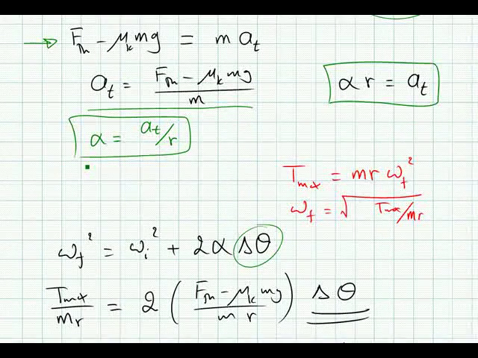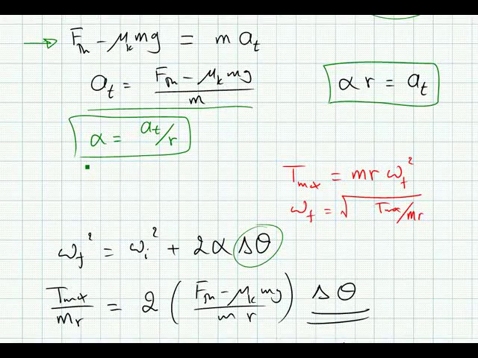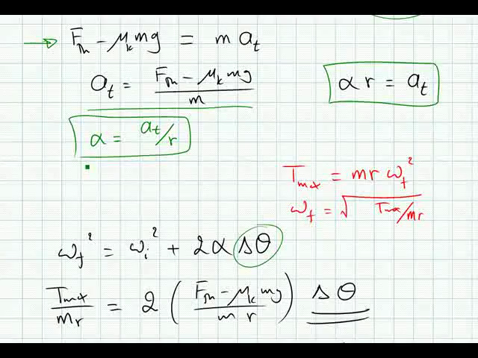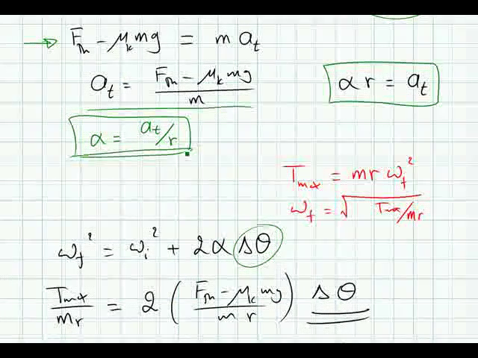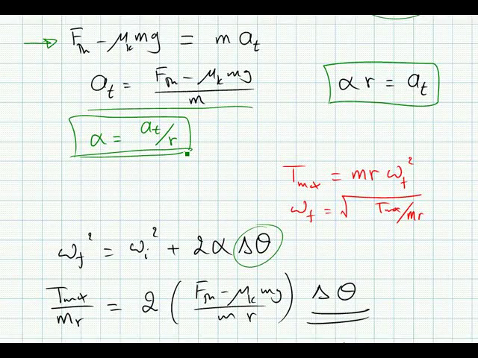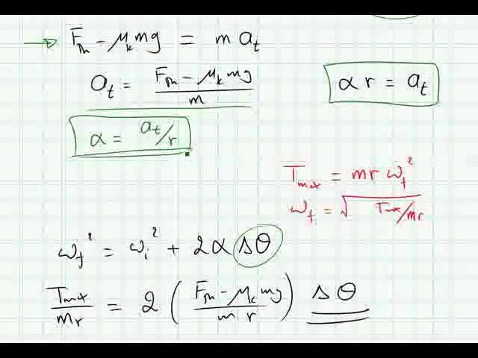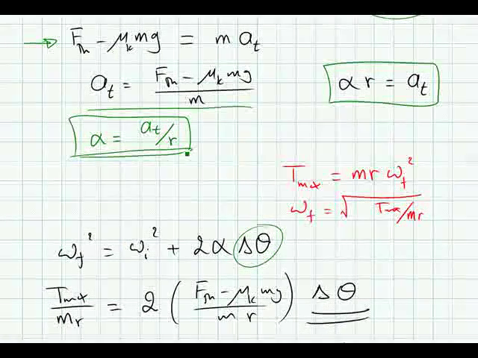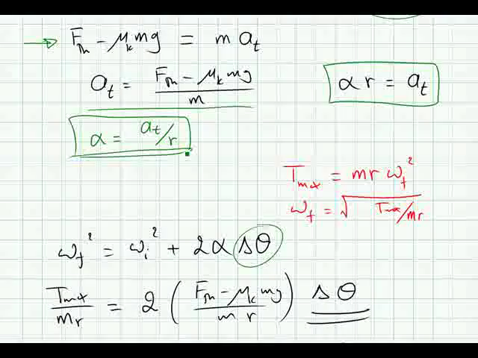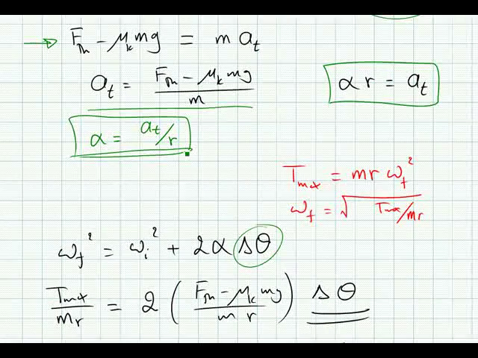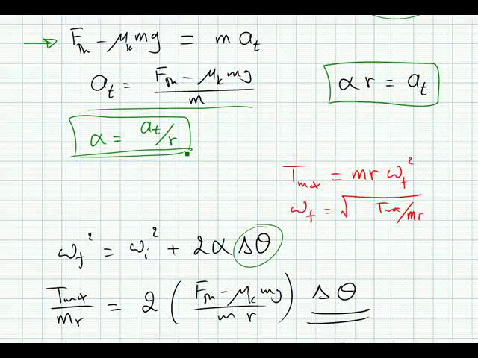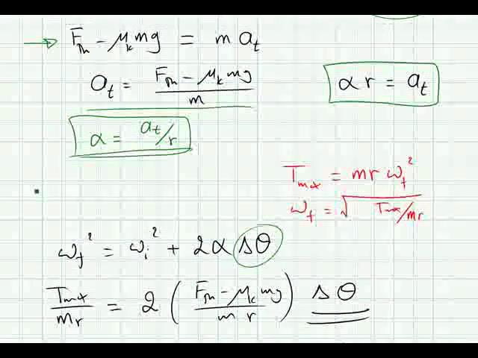So the key here was using Newton's equation to come up with an expression for our angular acceleration, which then enables us to use the kinematic equations. Once again, the drill is the same as what we had for linear motion.